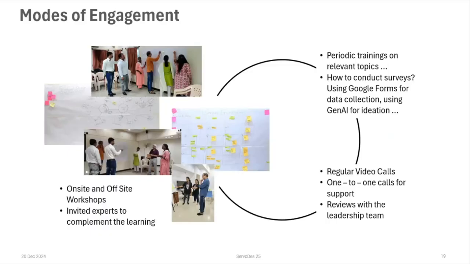So we conducted some workshops on how they might be able to use that for, say, ideation, or for looking at what they are doing and what the alternate ways of doing it are. So we made ChatGPT, generative AI, one additional participant in our journey. And as I said, the regular video calls and so on complemented all this. So all sorts of possible engagements is what we did.